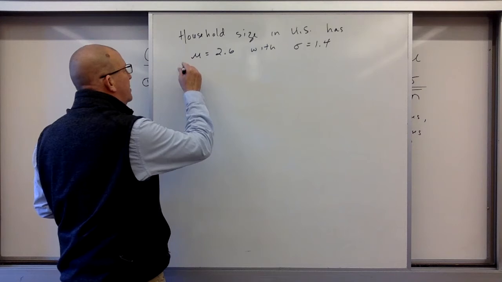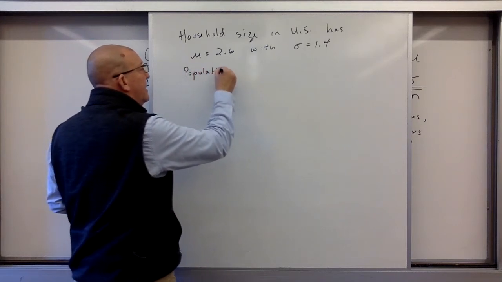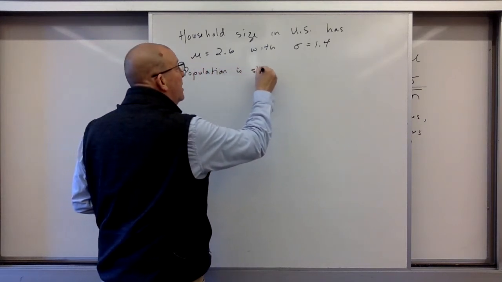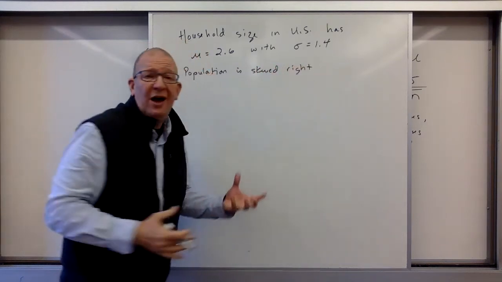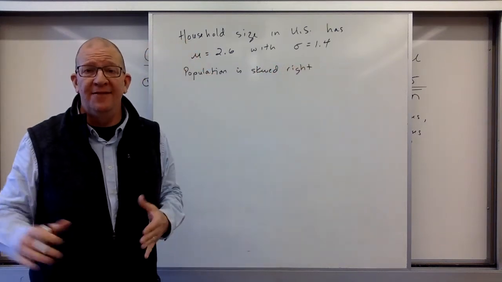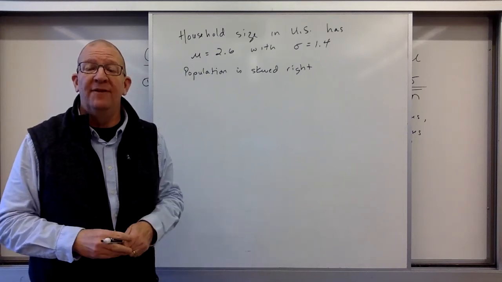So the population distribution is skewed right, because you've got all those ones, and then you have a bunch of people with 8, 9 people living in their house.